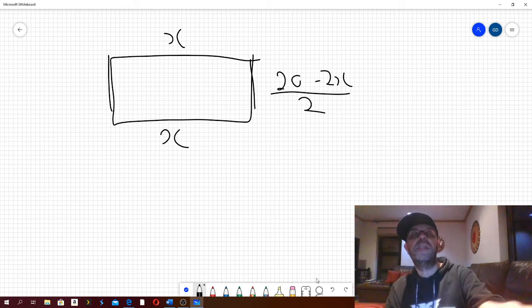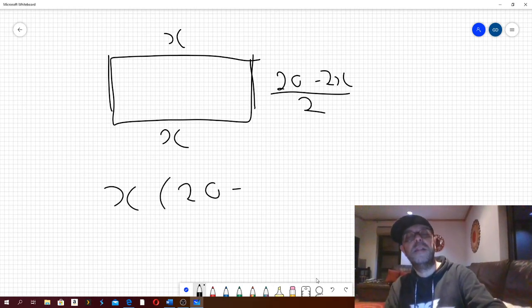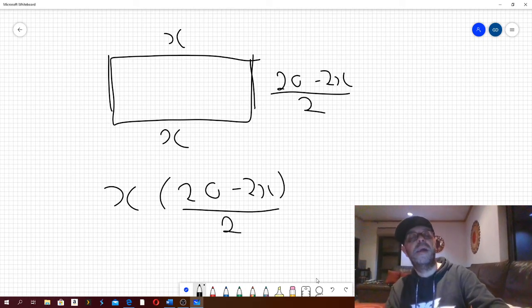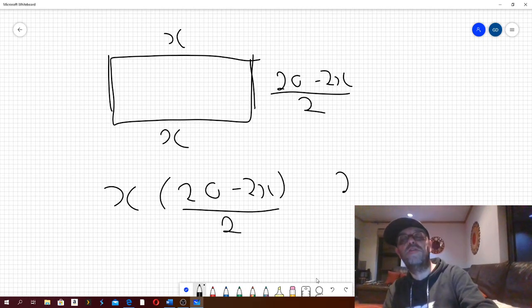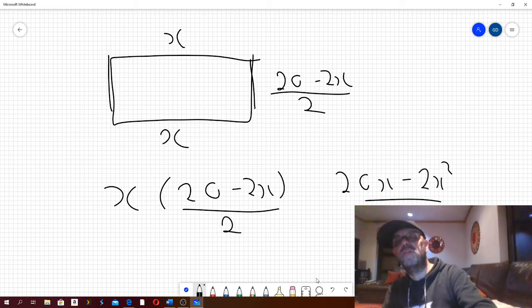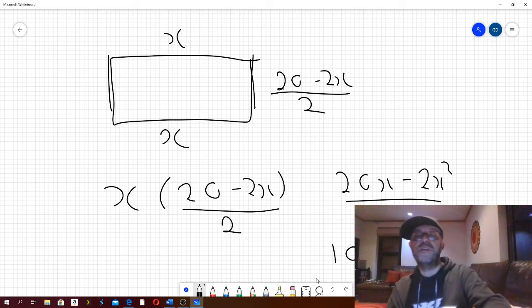So area is just length times breadth, so we go x, 20 minus 2x over 2. Okay, and if we multiply that x in, we get 20x minus 2x squared all over 2, which we can reduce to 10x minus x squared.